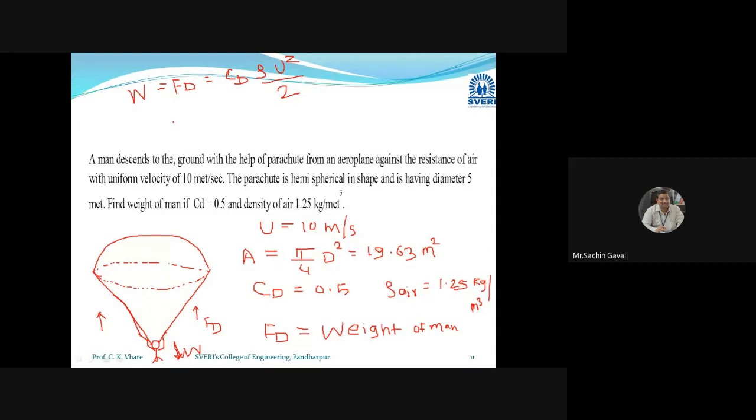So the weight of the man will become what? CD is 0.5 into rho is 1.25 into u square means 10 square.